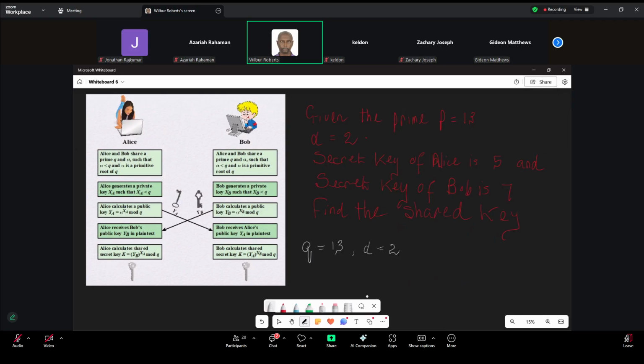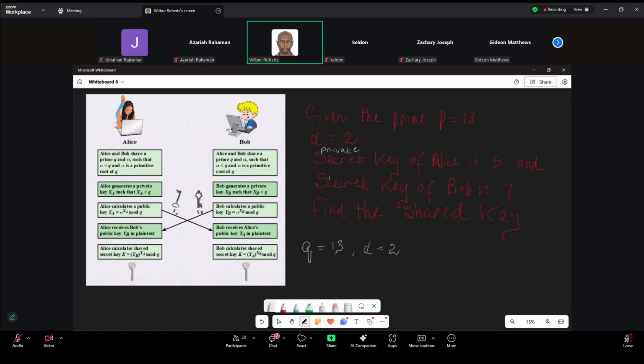Yes, it is possible. So just write down all the terms like I have written it down there. Good. All right, so I'll just put, secret here is the same as private.